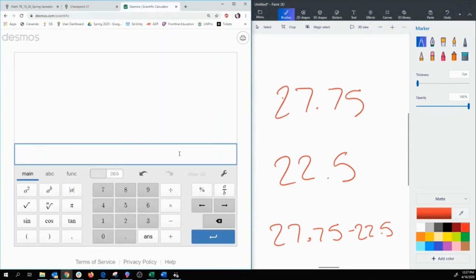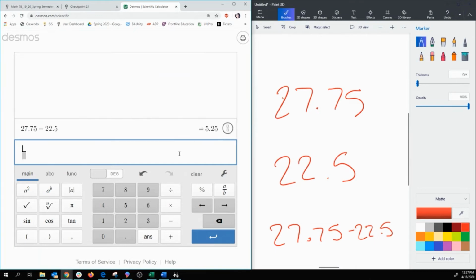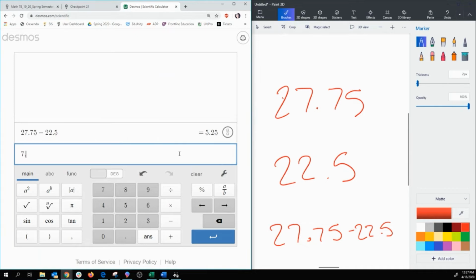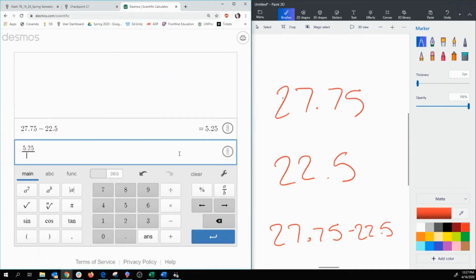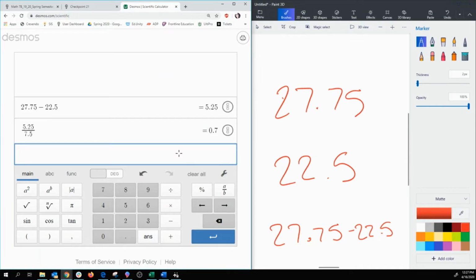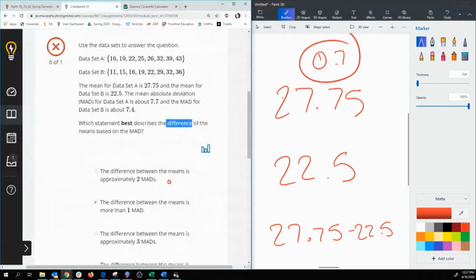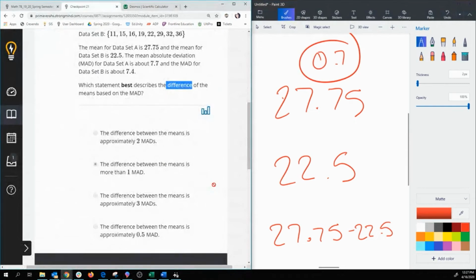So let's subtract our means first. And I get 5.25. If I were to divide that by 7.5, I get 0.7. And technically 0.7 is closer to 0.5 than it is to 1. It is only 0.2 away from 0.5 and it's 0.3 away from 1.